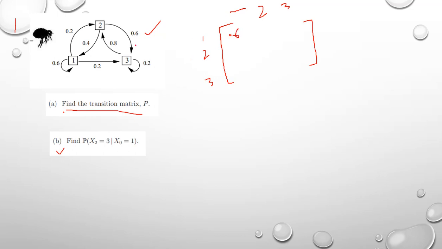Then 1 to 2 is 0.2. Then 1 to 3 is also 0.2.